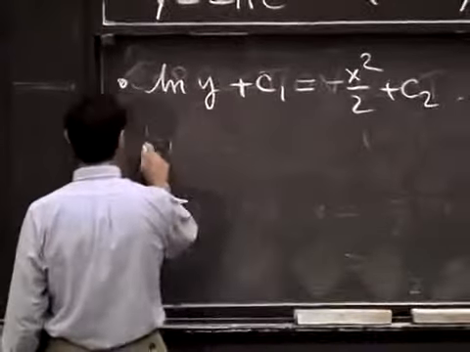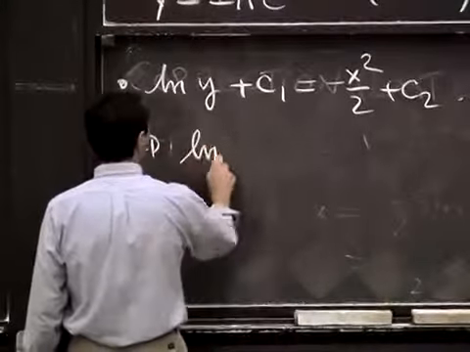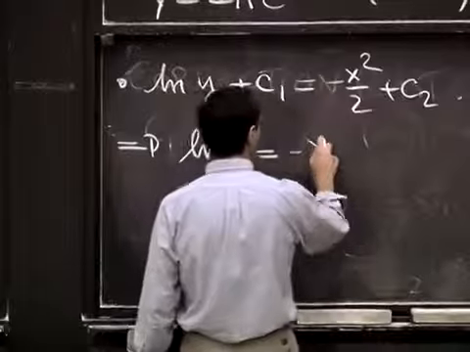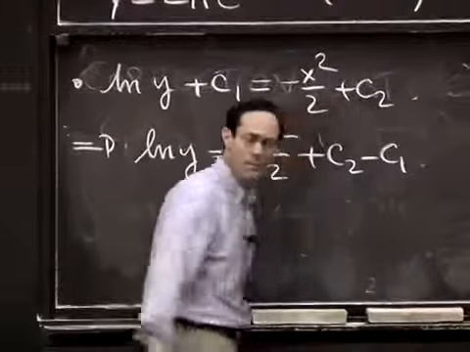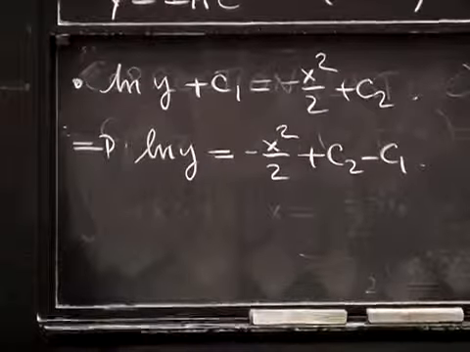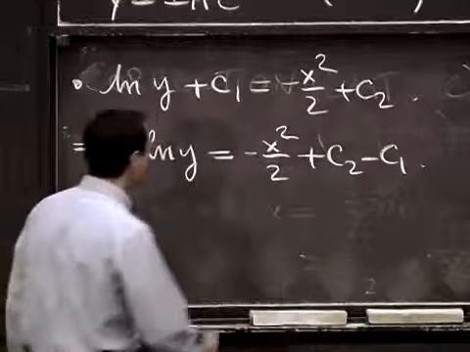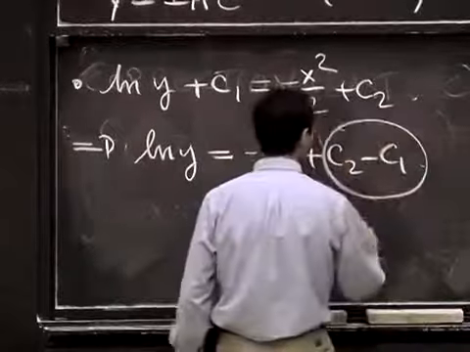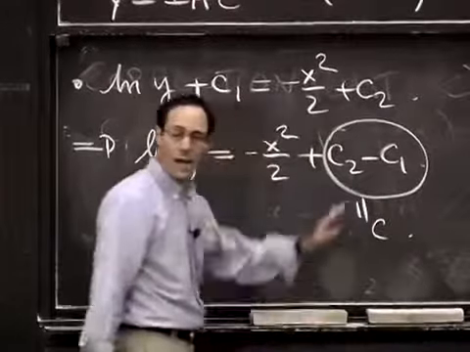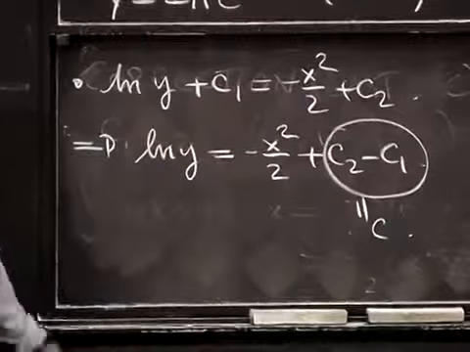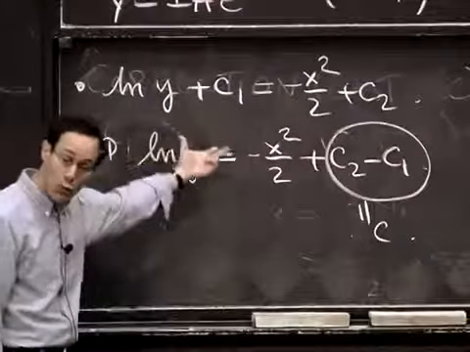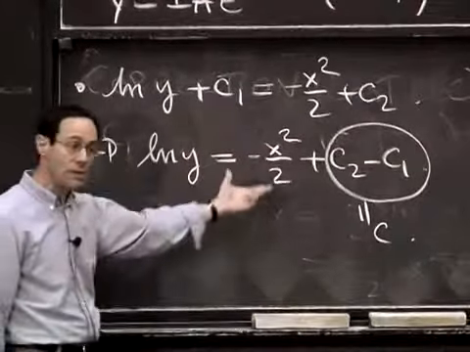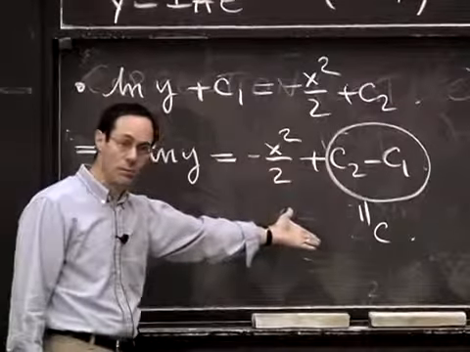But notice that I can rewrite this as log y is equal to minus x squared over 2 plus c2 minus c1. I can subtract. And then if I just combine these two together and name them c, I have a different constant. In other words, it's superfluous and redundant to have two arbitrary constants here because they can always be combined into one.